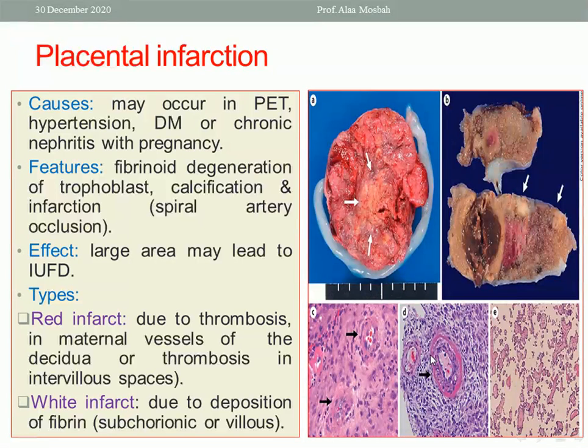Fibrinoid degeneration of the trophoblast occurs with calcification and infarction, and there is spiral artery occlusion. If the infarction affects a large area, it will cause intrauterine growth restriction and intrauterine fetal death. But small infarcts, especially the white ones, may occur without any harm.